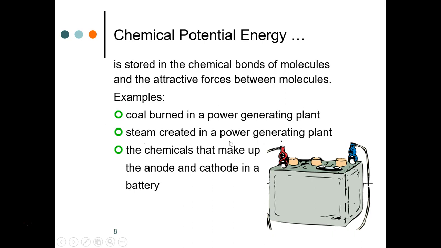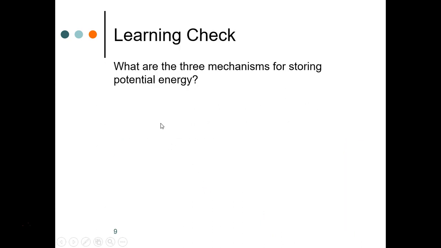Steam created in a power generating plant has the potential to flow through turbine blades and generate electricity. Finally, the chemicals that make up the anode and cathode of a battery have the potential to create electricity. So let's move on and do a learning check.